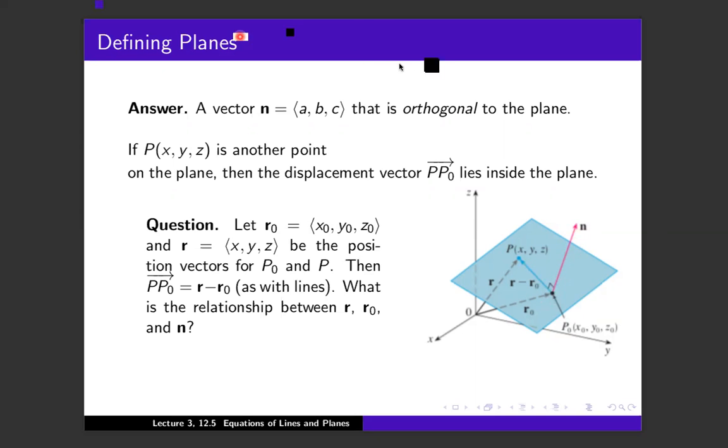So what's their relationship? What can we say is the relationship between r minus r naught, which is the displacement vector, and n? Can anyone see what that would be?